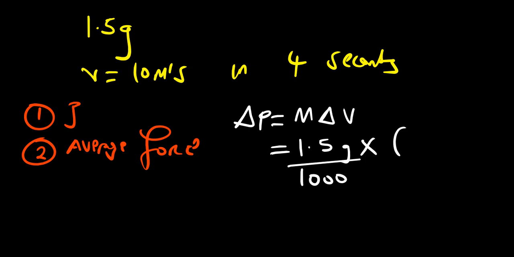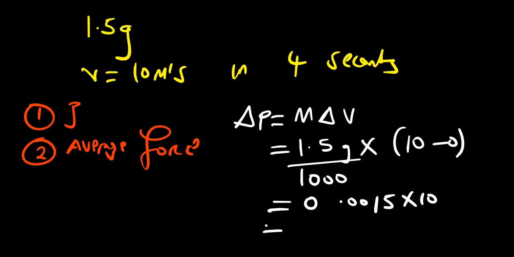The change in velocity in this case was 10 minus 0. First we divide 1.5 by 1,000, which gives me 0.0015. Then multiplied by 10, I'm going to have 0.015 kg meters per second.